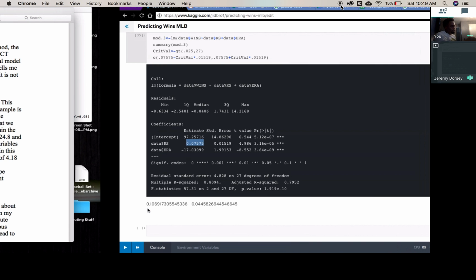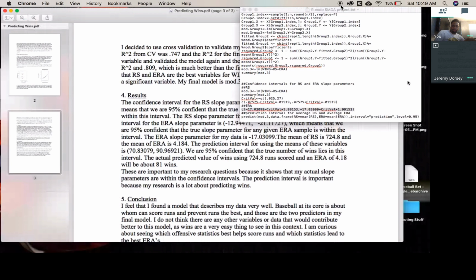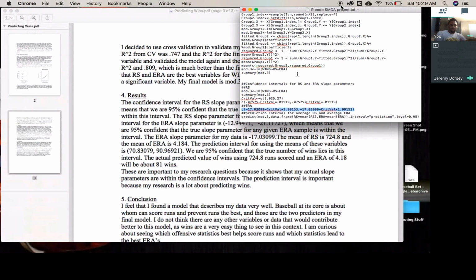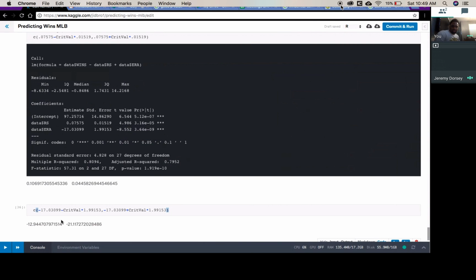Right. Cool. And so we can do the same thing for ERA. We'll just copy that right over. We won't need to reproduce the model or anything because the critical value is going to stay the same. And so when we run that, we get a confidence interval that goes from roughly negative 13 to negative 21.